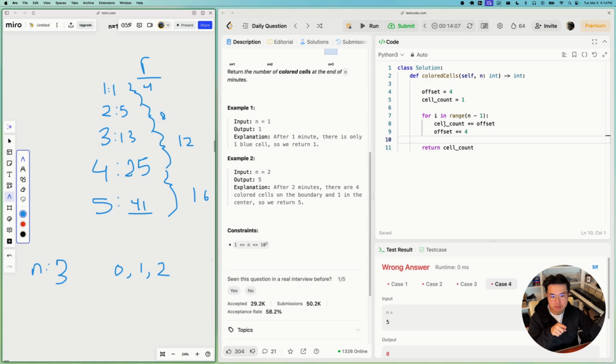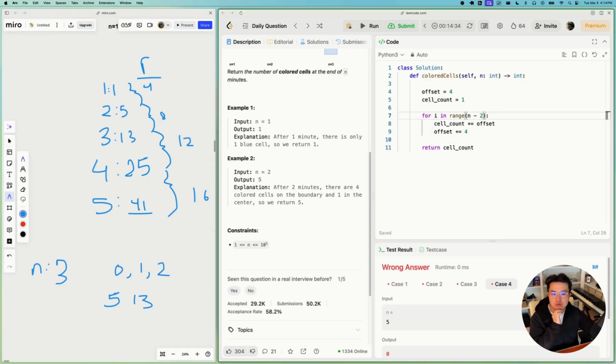The first time, cell count is going to equal 1 plus the offset, which is 4. So we're going to get a 5 right there. And then when it runs again, now we're going to get 5 plus the offset of 8. So then we're going to get 13. So we should actually stop right there. So it's n minus 2.